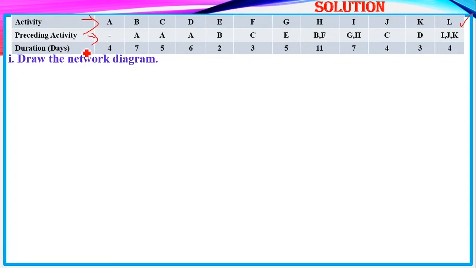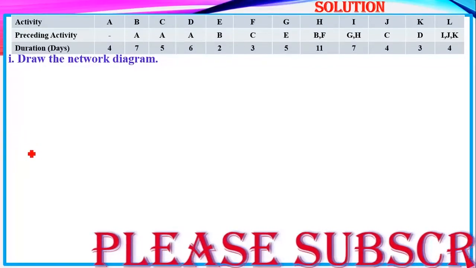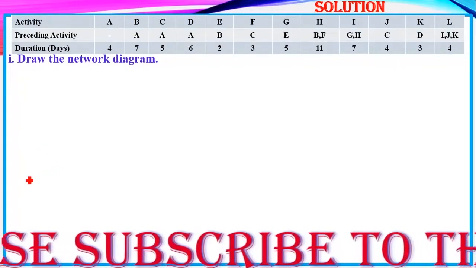Then you're given the duration for each and every activity. That means when we are drawing this network, we start with this activity followed by that activity, this one followed by that. That is how we're going to do it, because this represents the preceding activity, and then we have the activity that is following.